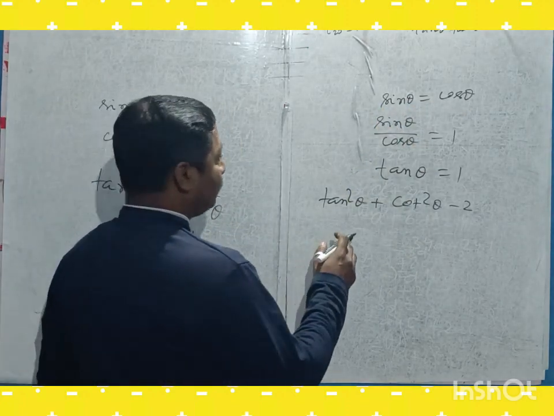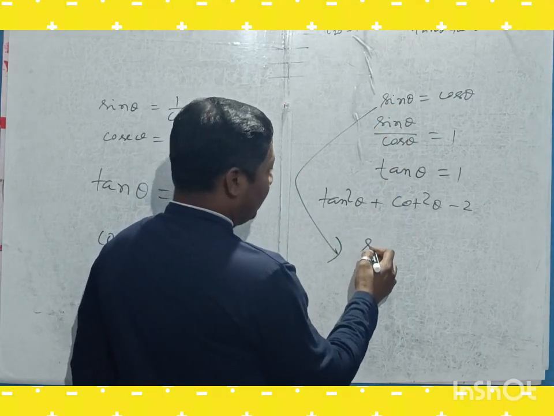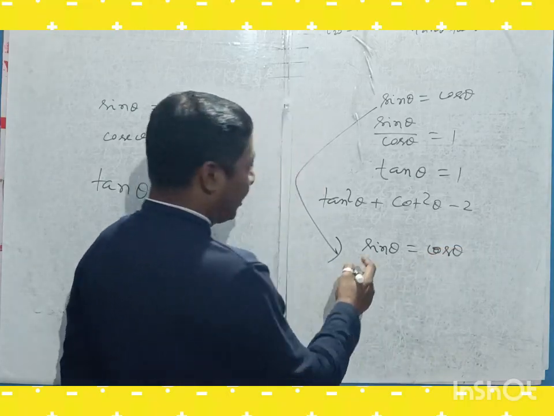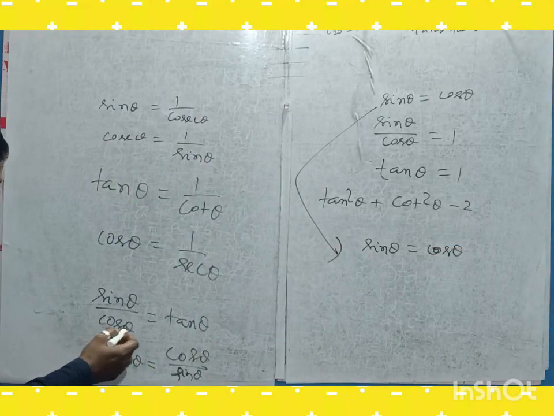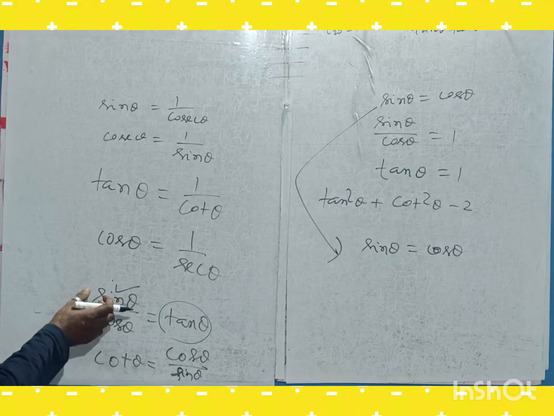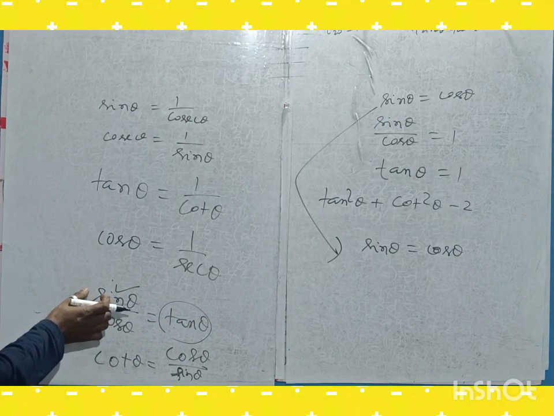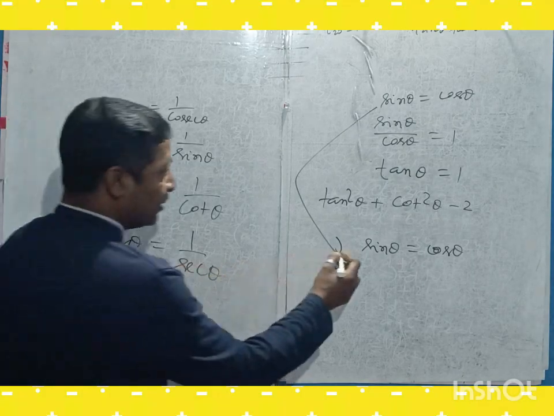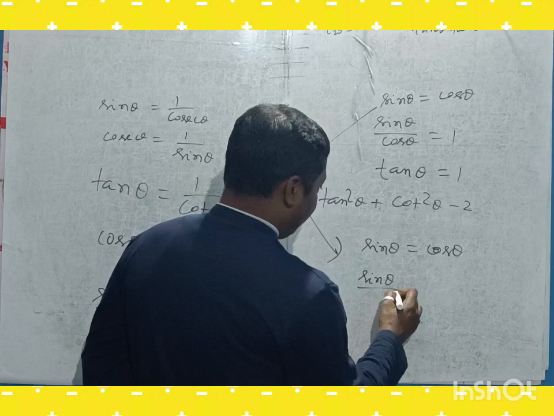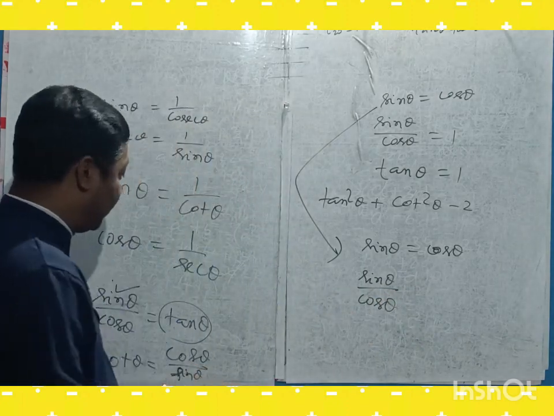In another way, I will also get tan theta. See, sin theta equals cos theta. What is the need to get tan theta from sin theta? We have to divide by cos theta. So let's divide both sides by cos theta. I need cos theta in the denominator to get tan theta.